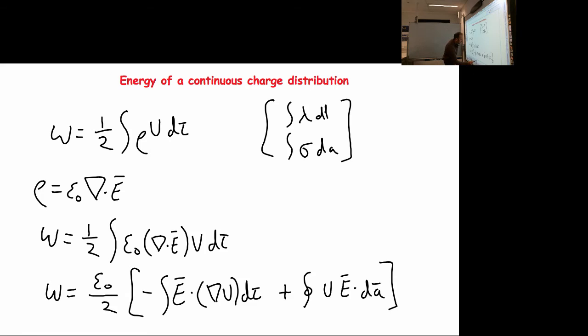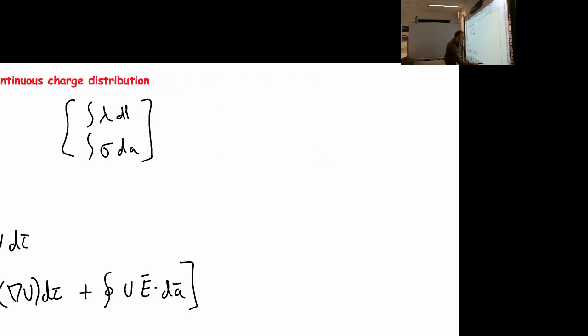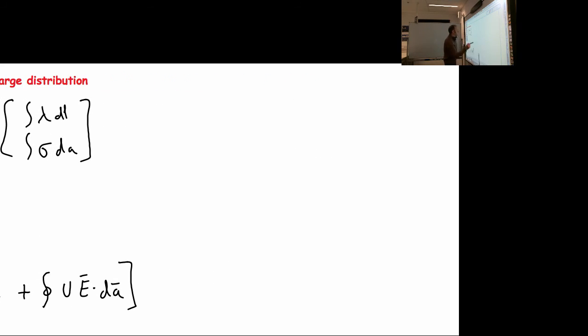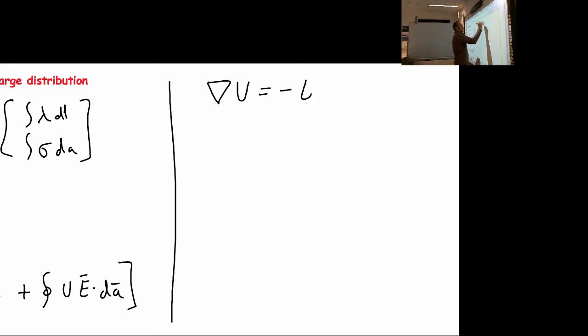Now the other thing that we must note here, and again this can be found in Griffiths, is that we can write the potential in terms of the electric field. So of course the gradient of V is equal to minus our electric field.